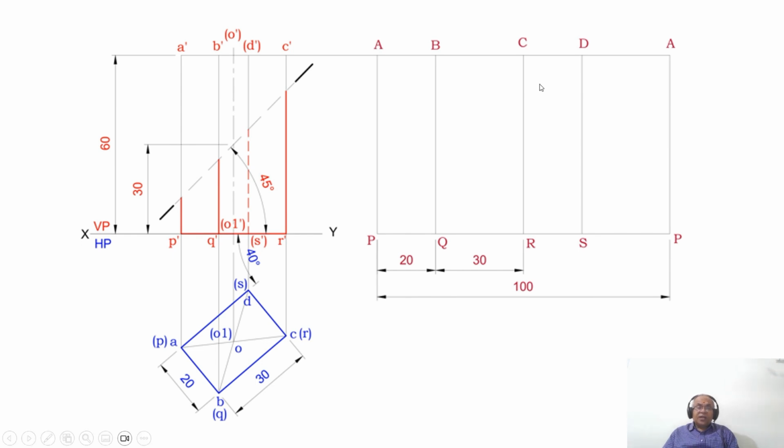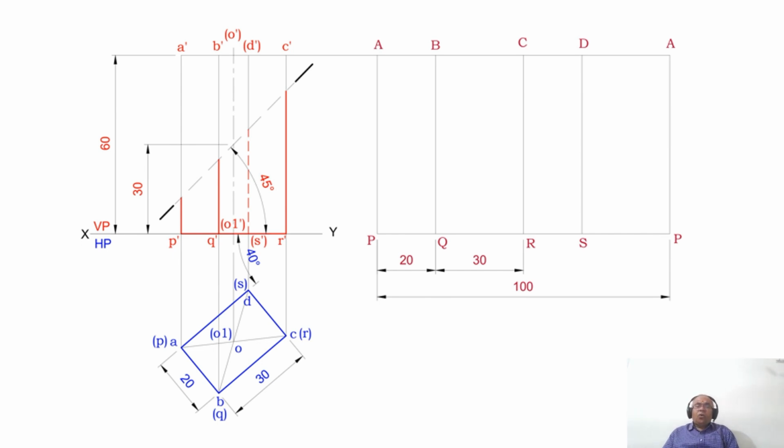Once you cut the section plane exactly at the midpoint, that is on O dash and O1 dash, I need to transfer these points. This is the development I have done without considering the bottom and top, because the bottom and top are not passed by any section plane.